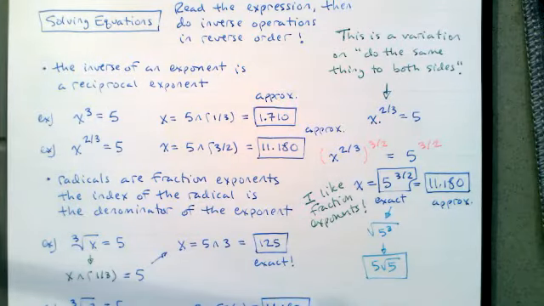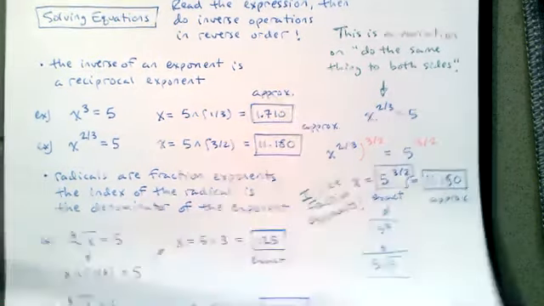So the other thing that we want to remember when we're doing this process, number 3 on our list of things, is that equations with even exponents will have 2 real solutions.